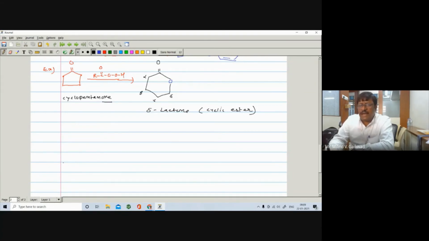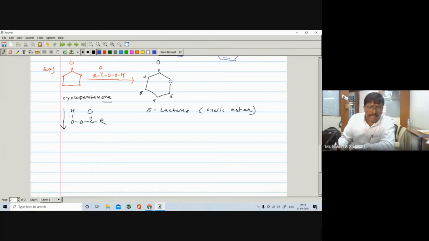So here I will write its mechanism. Again, the mechanism is also very simple. Here you have the acid H, here is O, here is O, here is C double bond O, and here is R. Oxygen has 2 lone pairs.